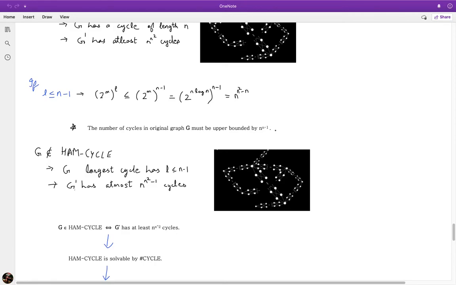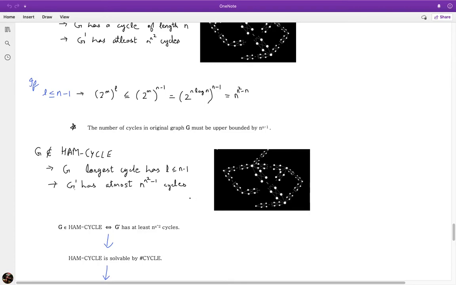So adding all these additional cycles as well would give us a value n^(n^2 - n) into n^(n-1). So this would be equal to n^(n^2 - 1) cycles. So this is how we get this. So this is again less than n^(n^2). So we have proven the other way around as well.